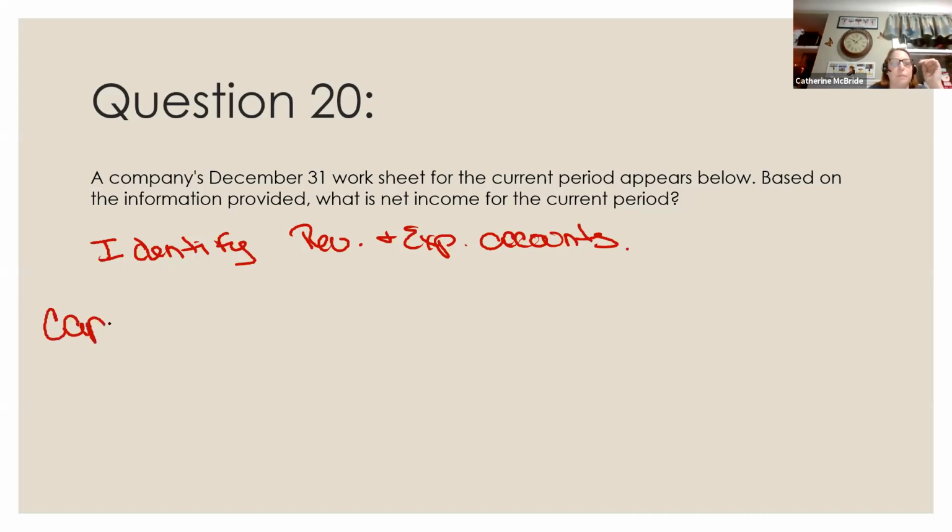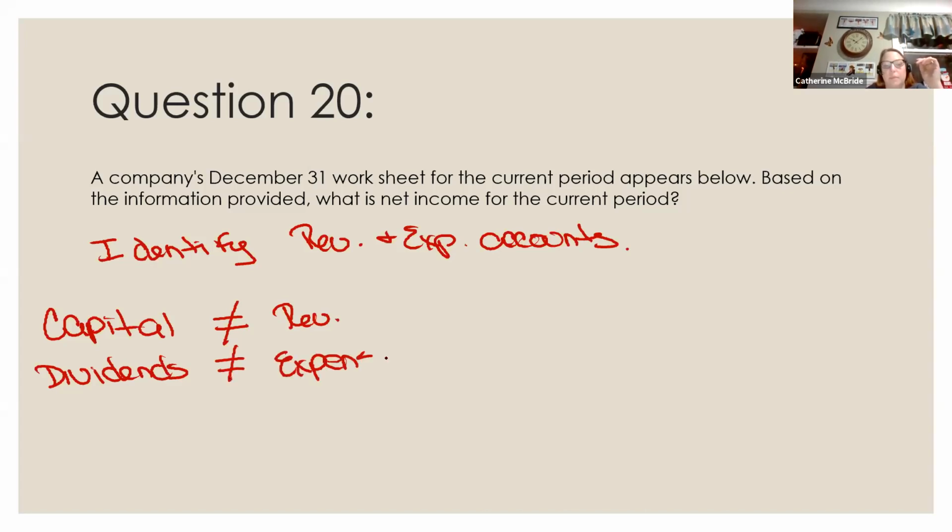Capital is not revenue, and dividends are not expenses. Even though you're spending cash, they're not expenses. So you need to make sure that you're only identifying the revenue and the expense accounts.